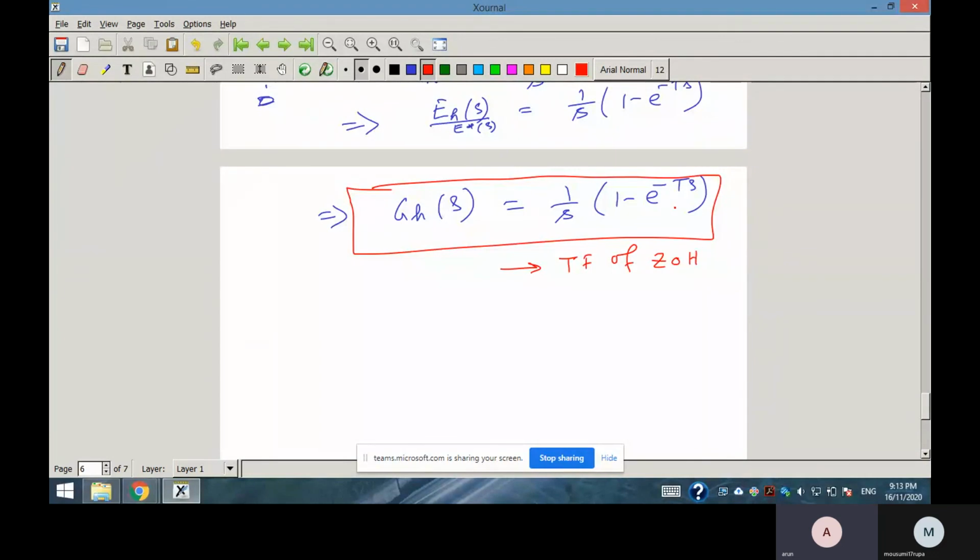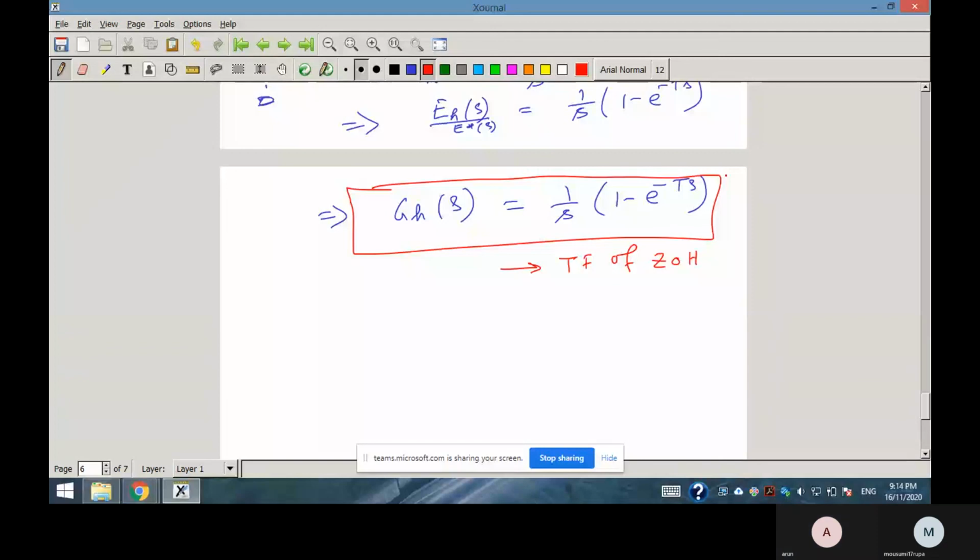So what is the order? This is an infinite dimensional system.